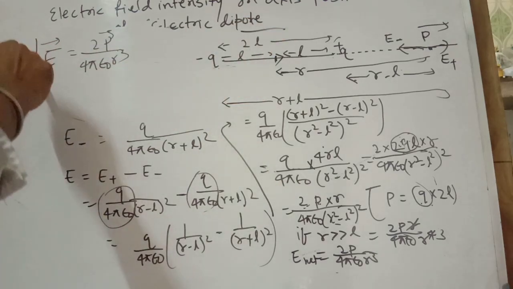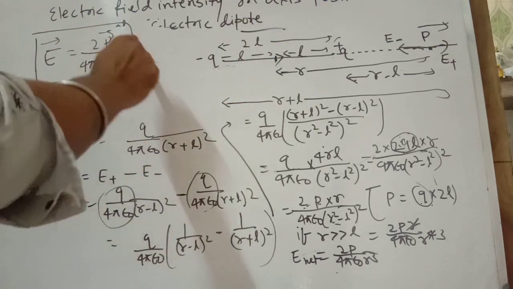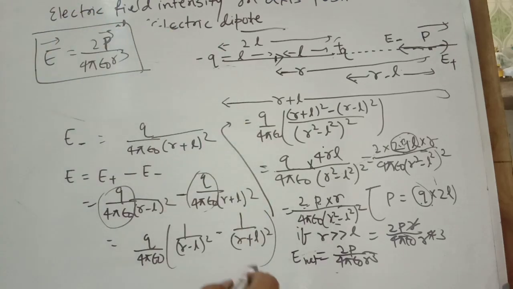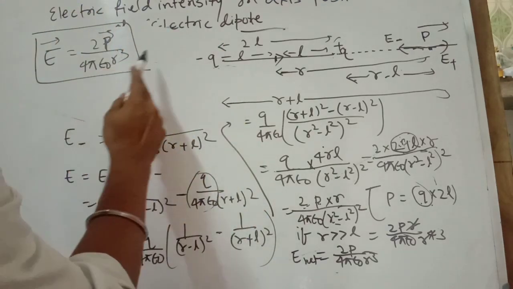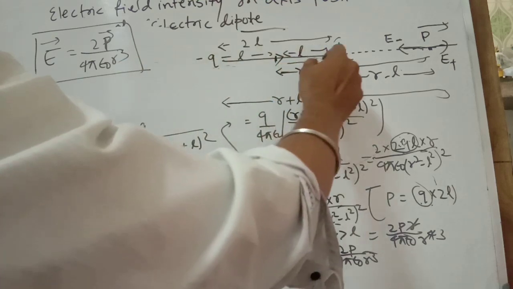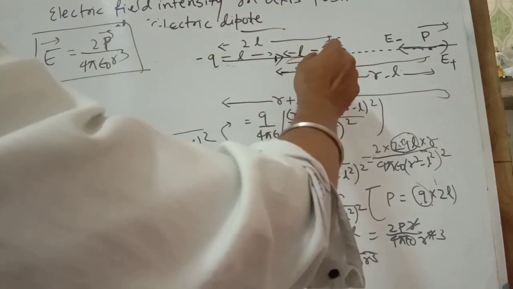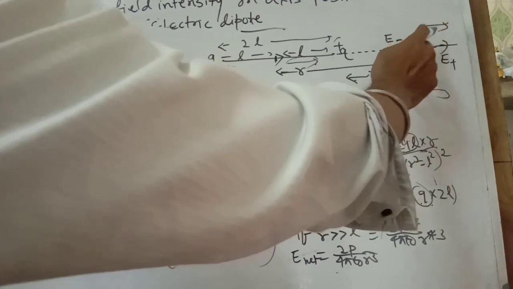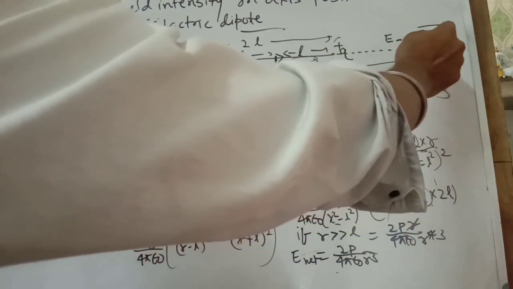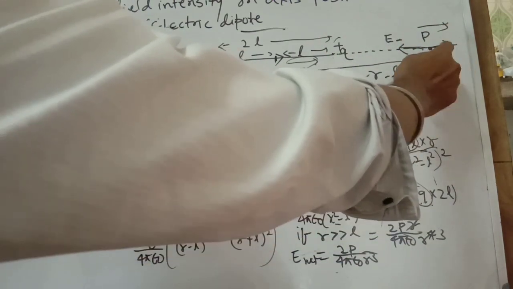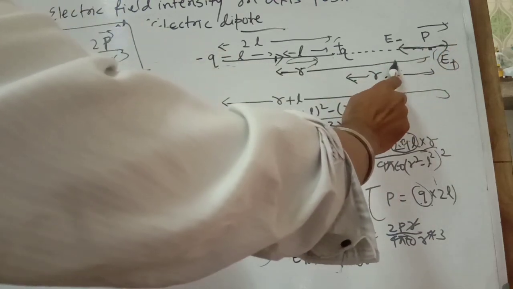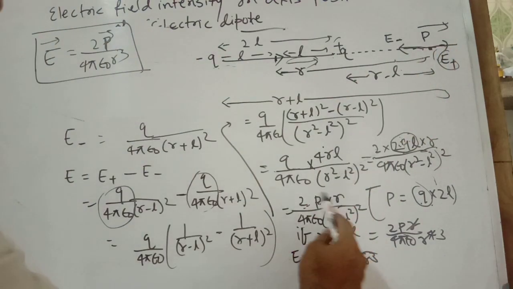So the direction of the electric field will go in the direction of the dipole moment. As already told, the direction of the electric dipole moment goes from negative to positive charge. So here the direction of the dipole moment and the direction of the electric field are the same, because we subtracted E plus and E minus, so the net electric field becomes positive.